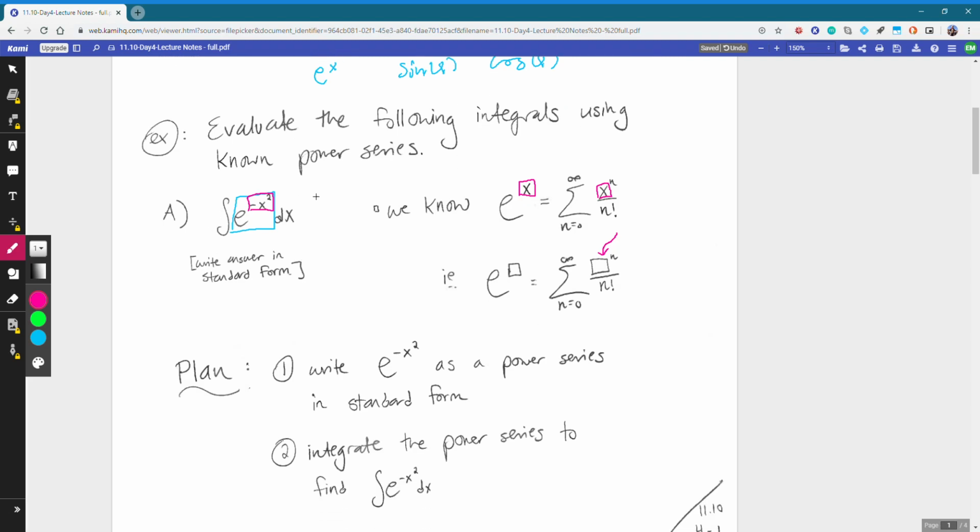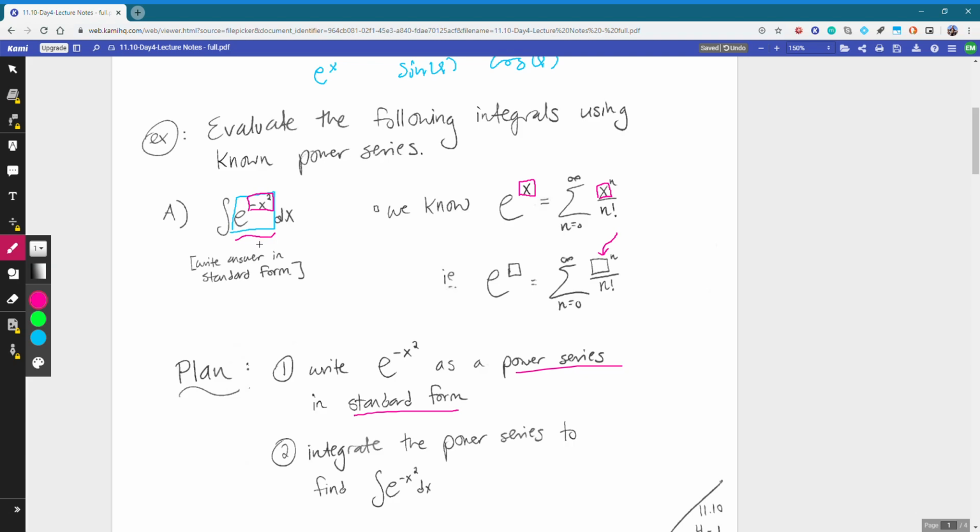So if we're wanting to integrate this function, step 1 is to actually take the function that we want to integrate and write it as a power series. And then we're going to want to get it in standard form so that we can integrate. If it's not in standard form, things are going to go wrong when we integrate.